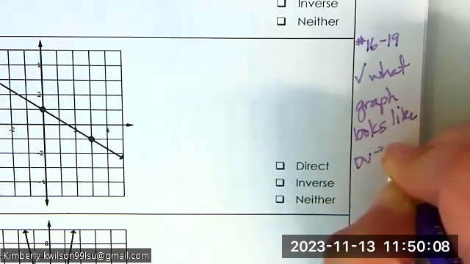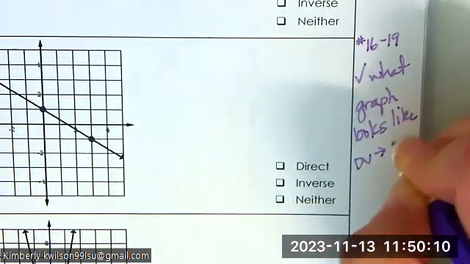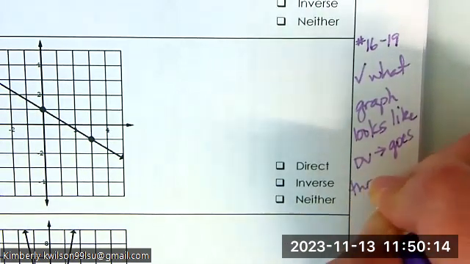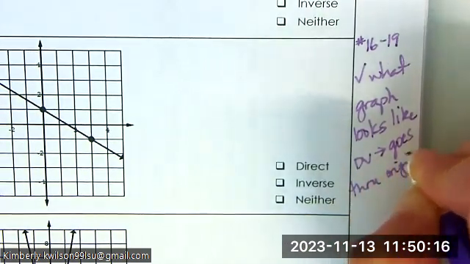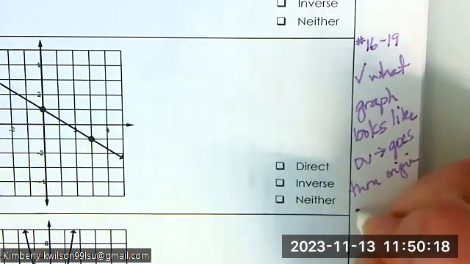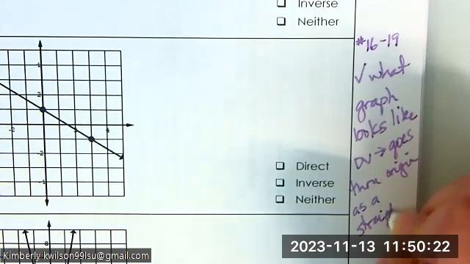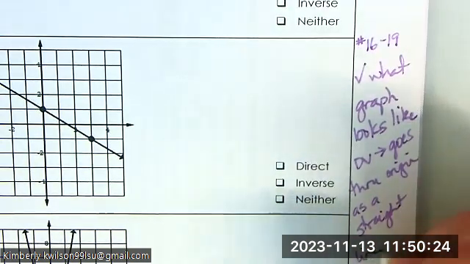Remember, direct variation goes through the origin as a straight line.